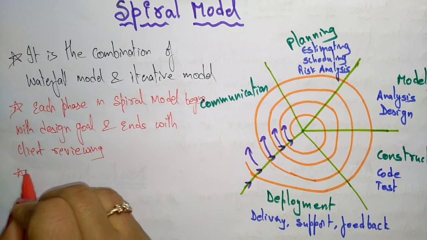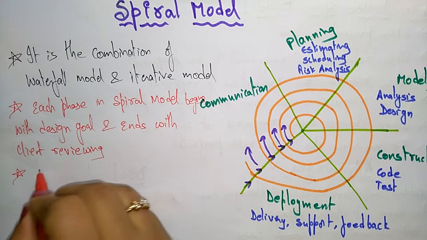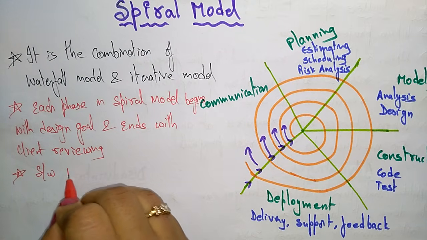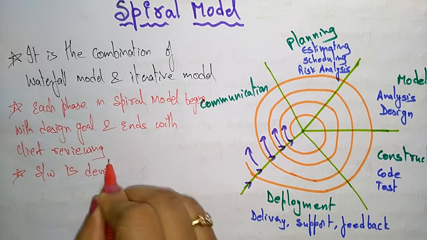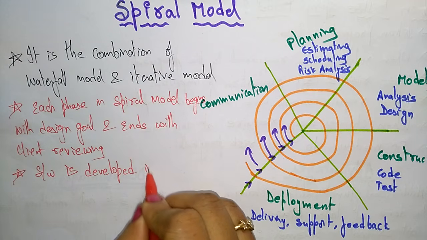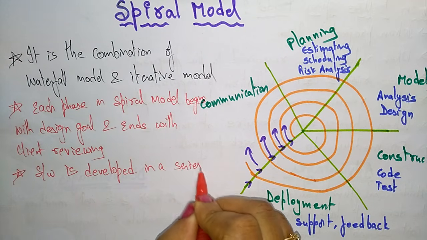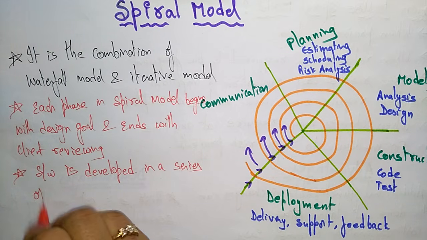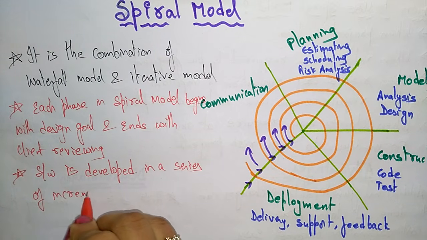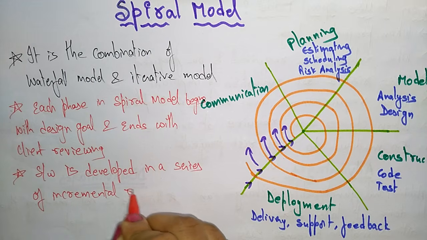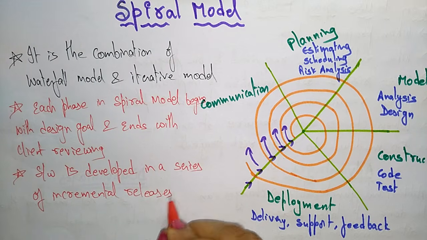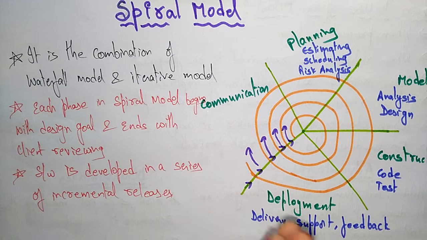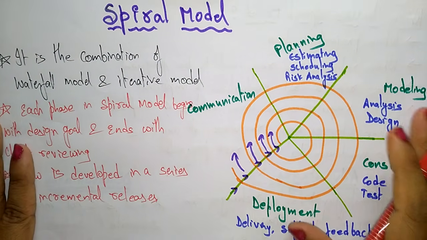The main thing is that software is developed in a series of incremental releases. A spiral model is divided into framework activities, also called task regions.